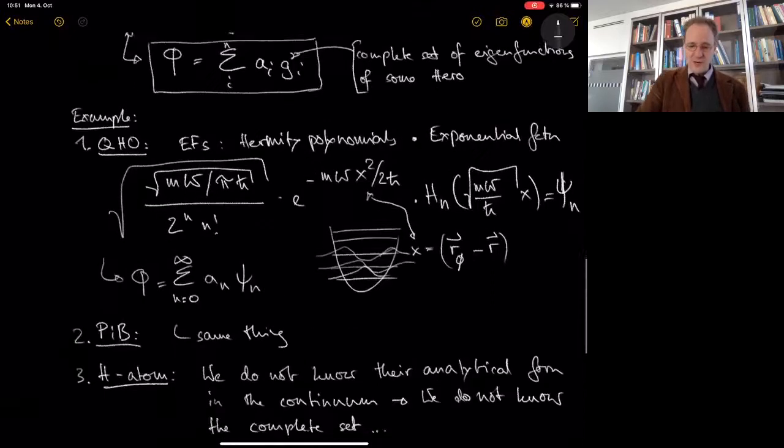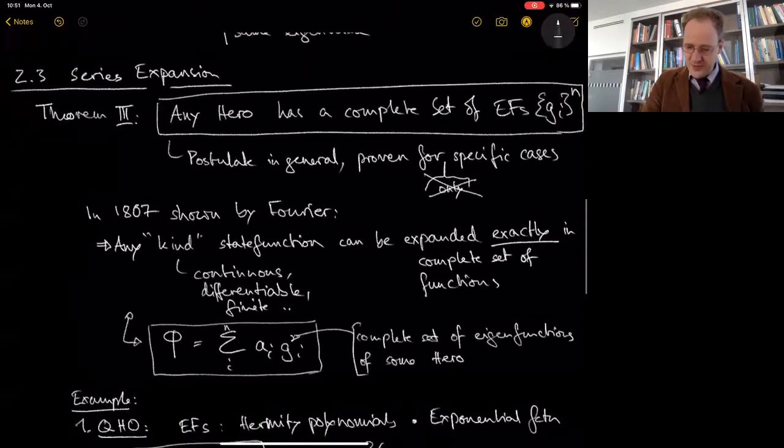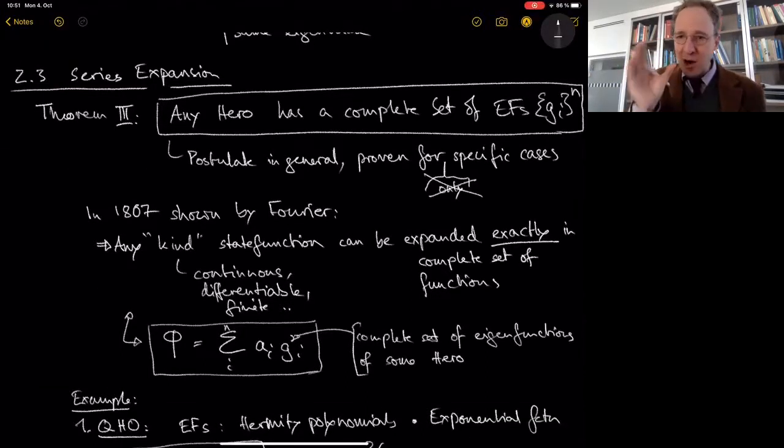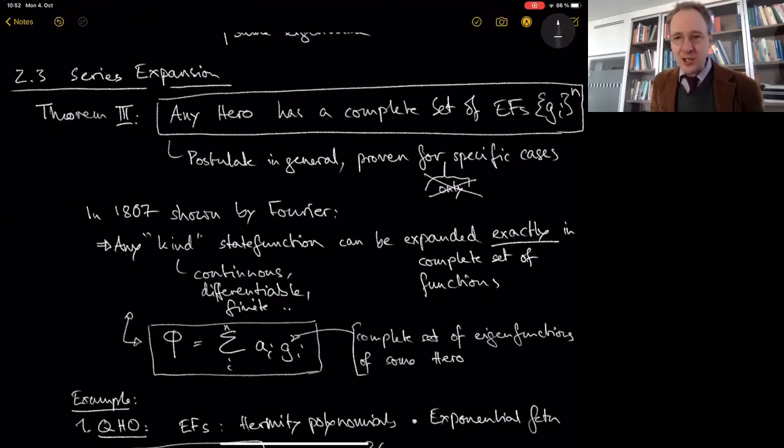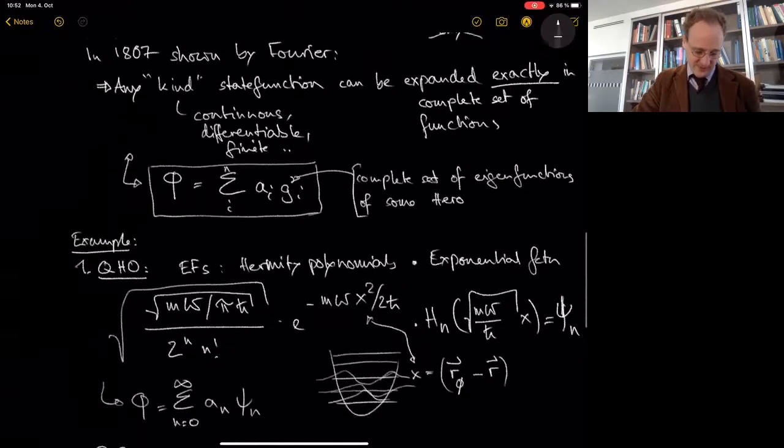But that's our fault, right? The theorem says you need to know these solutions, of course. It doesn't say anything about how to get the eigenfunctions. That's the problem of solving the eigenvalue equation. Separate problem, right? Theorem 3 supposes you did that already. Now, if you failed, like in the case of the hydrogen continuum states, then you will be in bad shape for theorem 3, of course.